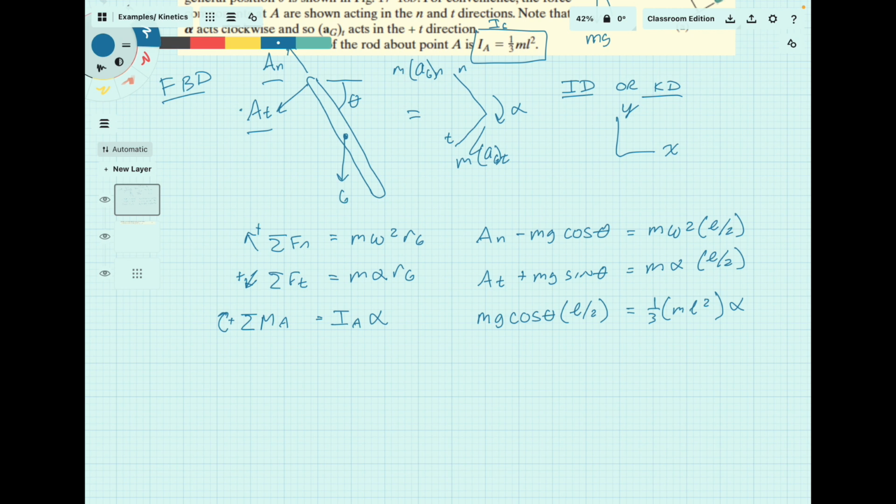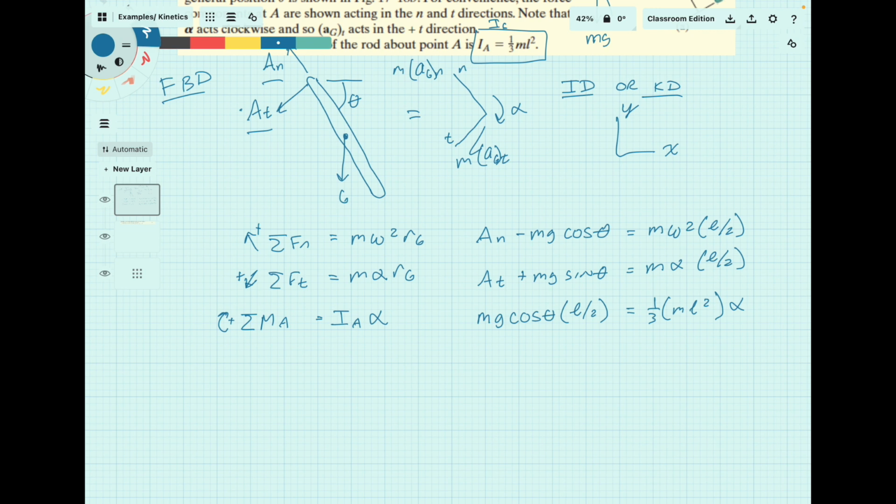Okay, so from that point we've got a few ways of going about it, but essentially for angle theta we've got the AN and AT are unknowns. Omega is unknown, and alpha is also unknown.